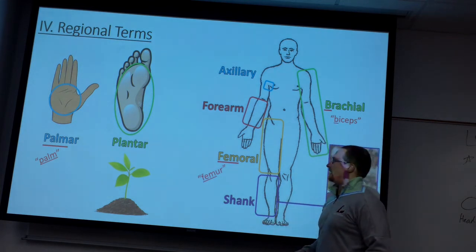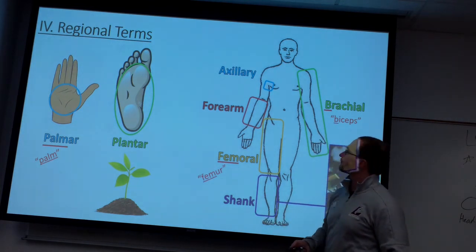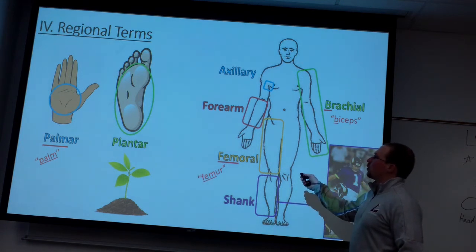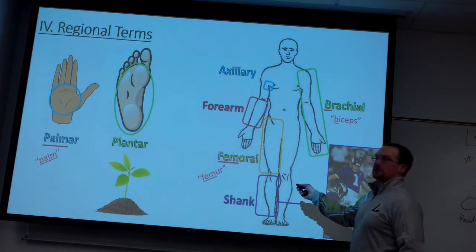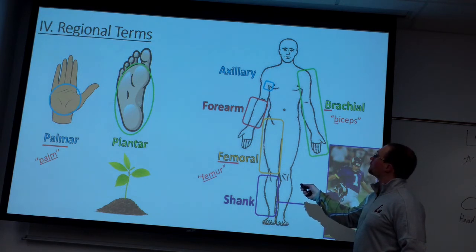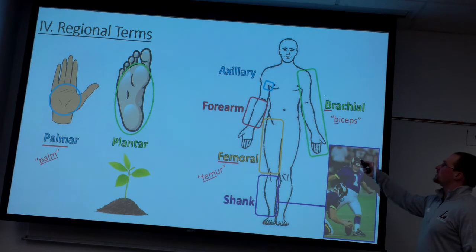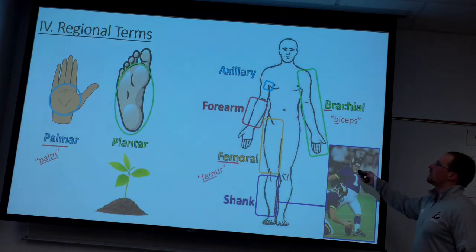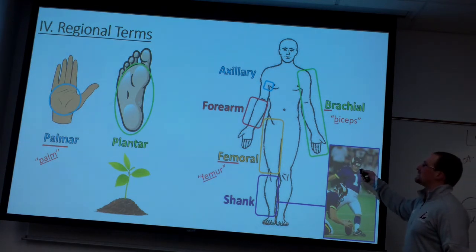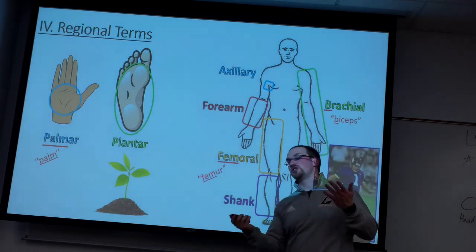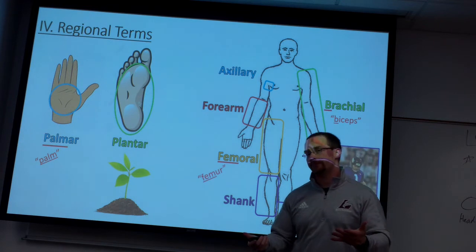So make sure spelling is where it needs to be. Forearm. It's the region between your elbows and your wrists. The forearm. All of your arm, that's considered the brachial region. I like to think brachial, biceps, both start with the letter B. So brachial refers to the entire arm.